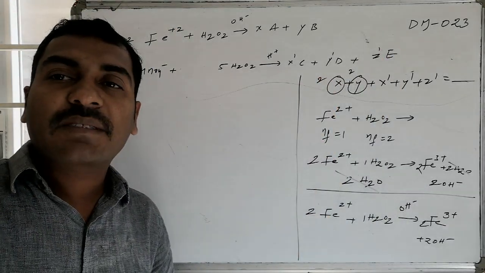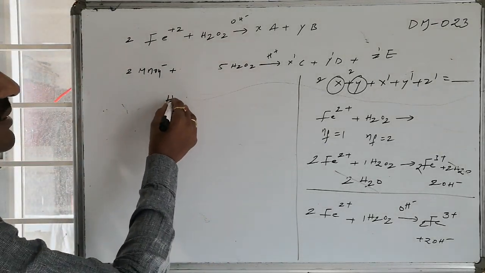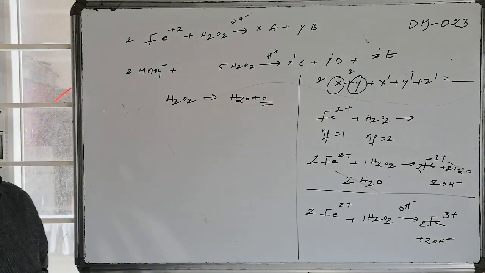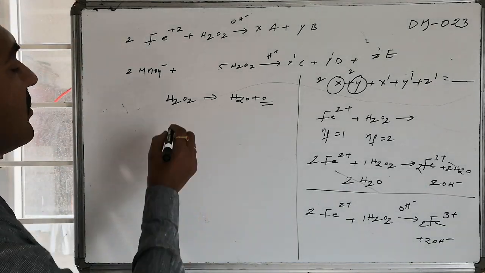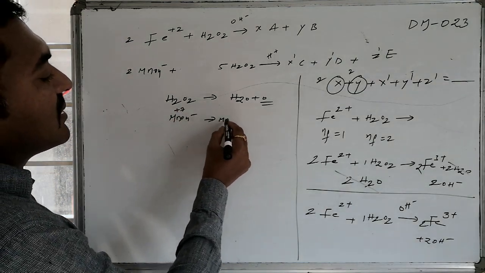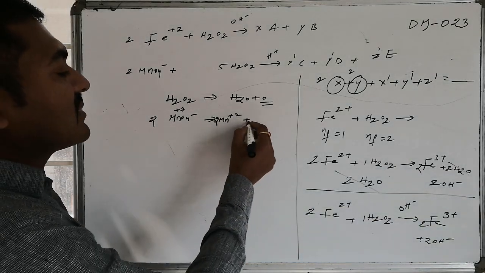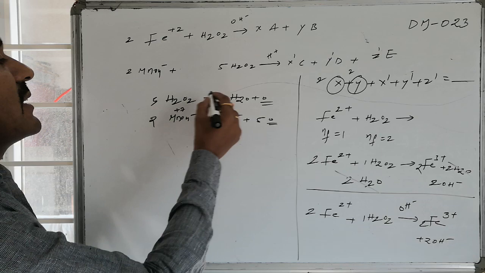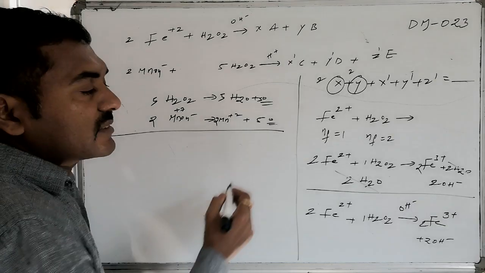Let us go for the second equation given. When hydrogen peroxide is acting as an oxidizing agent, its potential equation can be considered as hydrogen peroxide losing one oxygen and being converted to water. Similarly, when MnO4-, that is the +7 oxidation state, is converted to the +2 oxidation state, it will be equal to 10 electrons. 10 electrons are considered equal to 5 atoms of oxygen, so the total is 5 oxygen molecules.